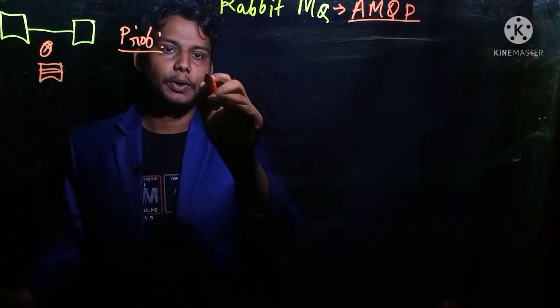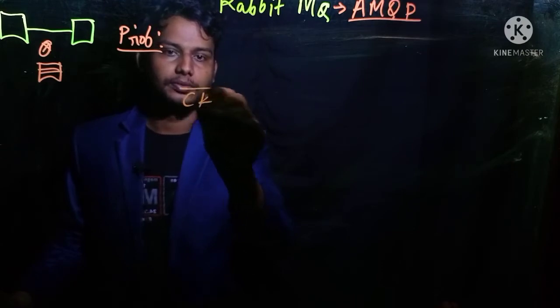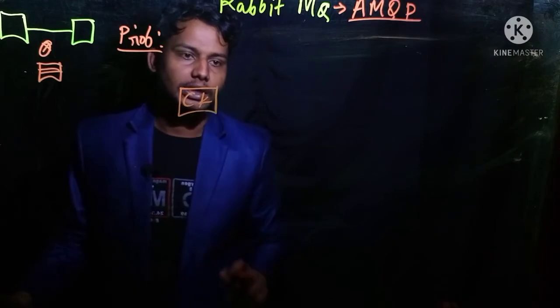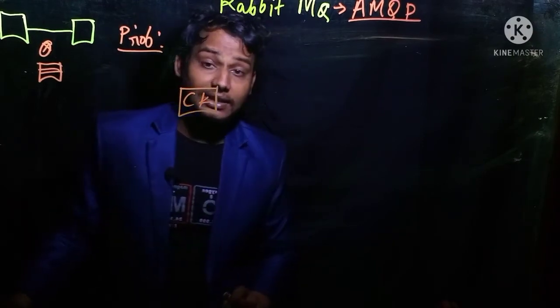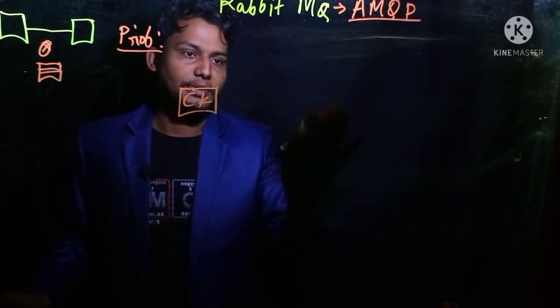So suppose this is our checkout service, and it creates some exchange to make the flow of RabbitMQ.